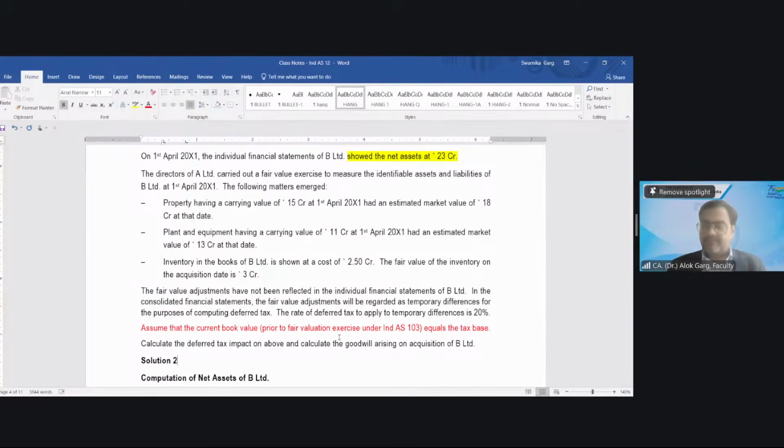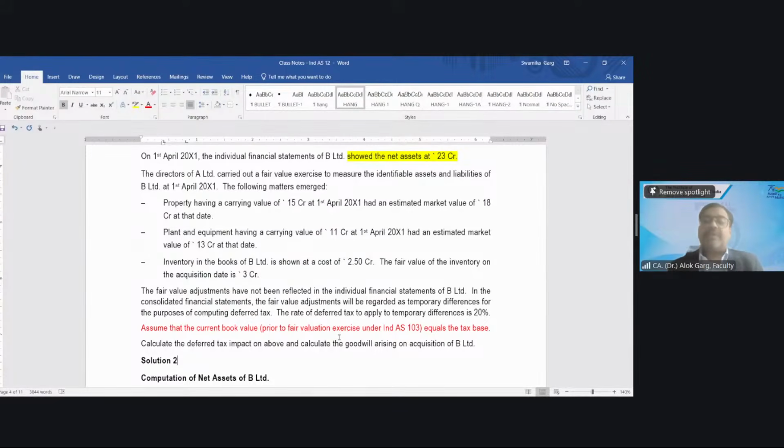There will be DTA or DTL because of the difference. So on this 5.5 crore, since the value of the asset is increasing by 5.5 crore, will it be DTA or DTL? DTL. Okay, so 5.5 crore multiplied by 20% will be your DTL.